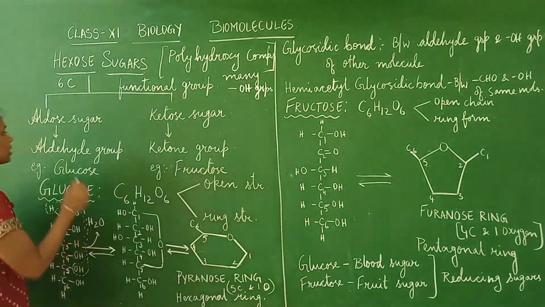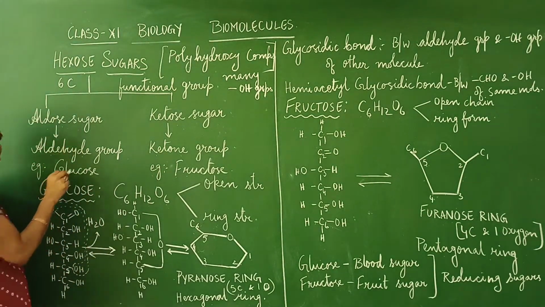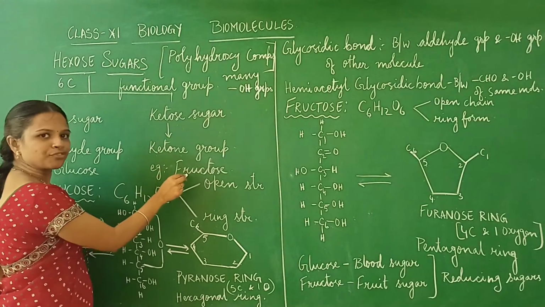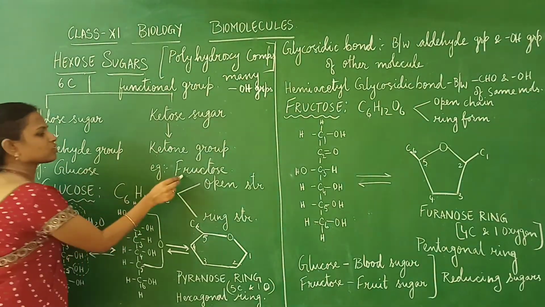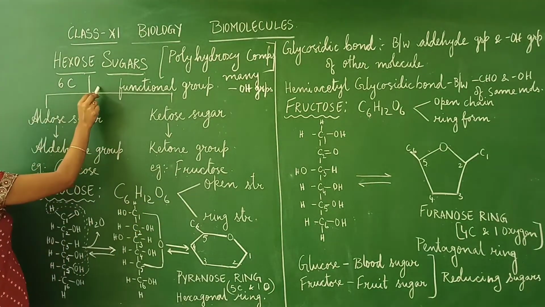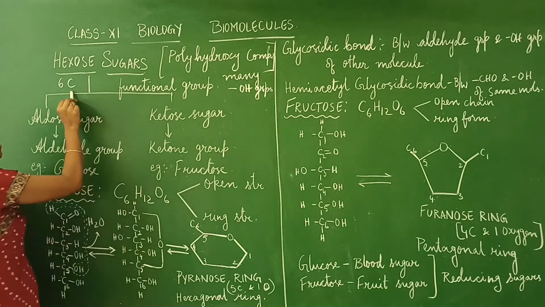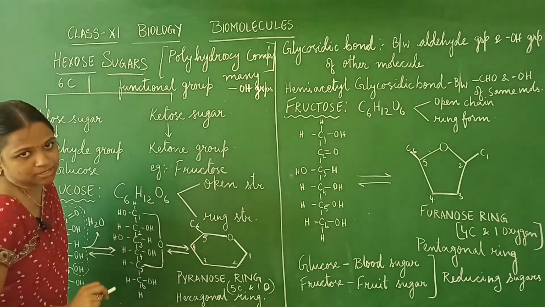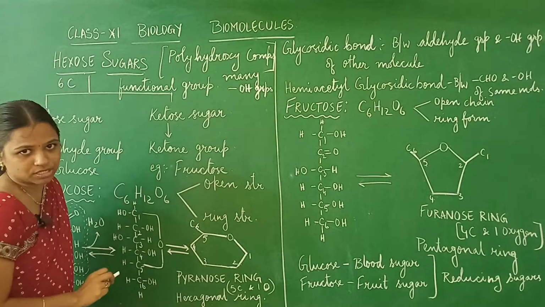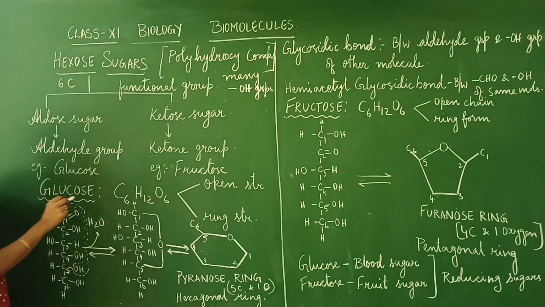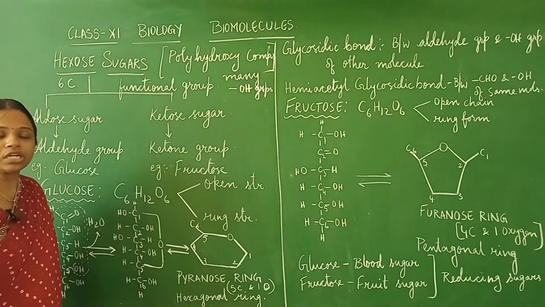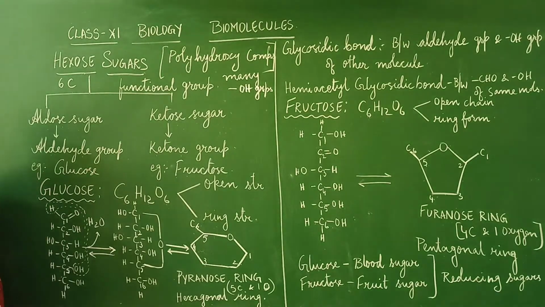The examples for aldose sugar is glucose and ketose sugar is fructose. Both these glucose and fructose are hexose sugars. That means they are made up of 6 carbon atoms. They are isomers. Now, let us learn in detail about glucose.